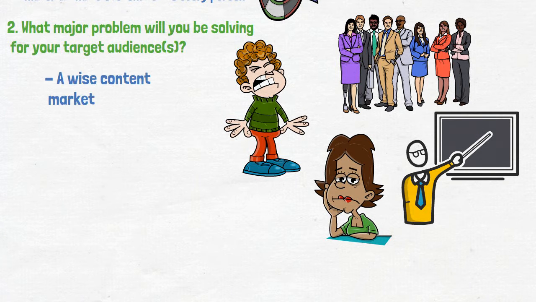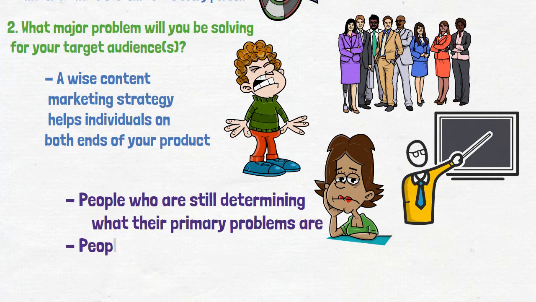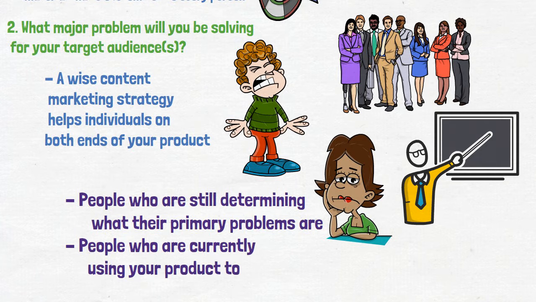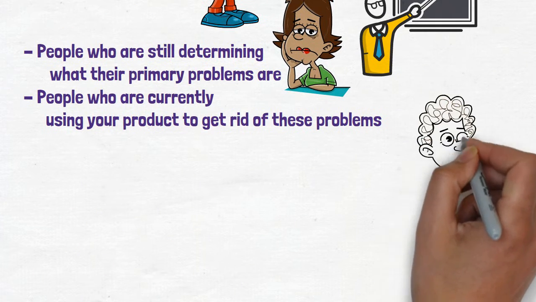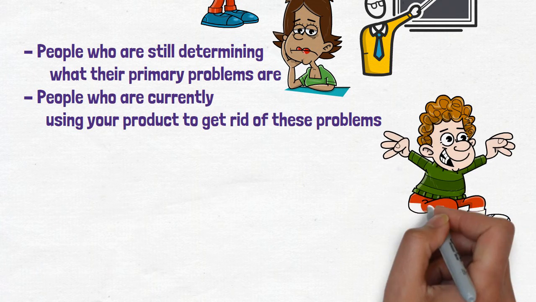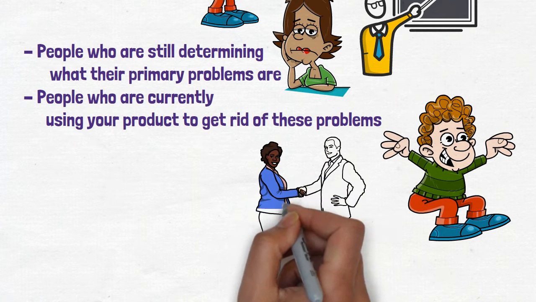A wise content marketing strategy helps individuals on both ends of your product. Those people who are still determining what their primary problems are, and those people who are currently making use of your product to get rid of these problems. Your content strengthens the resolutions you're providing and really helps you develop trustworthiness with your target market.